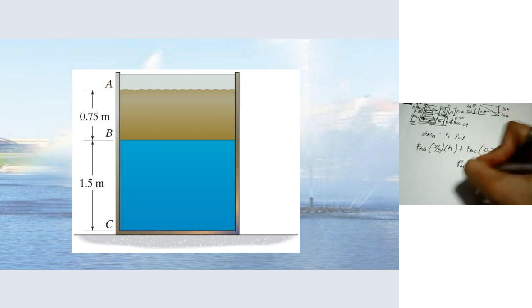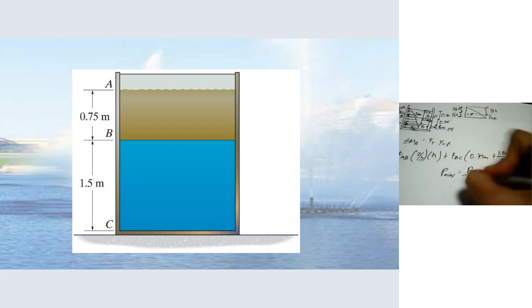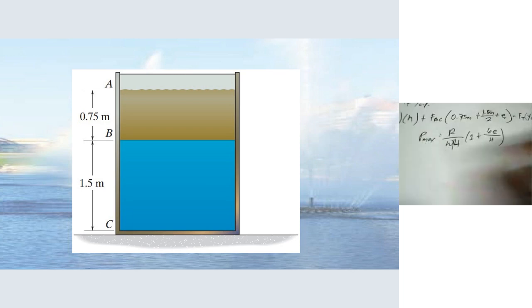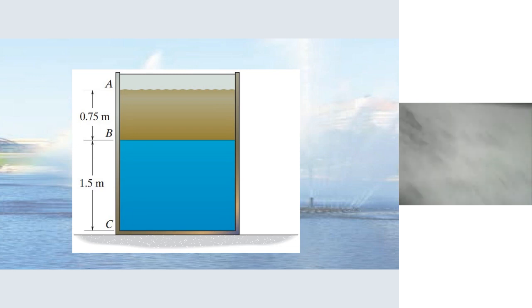We have P max equals R over the width times the length, or width times the height, in this case, times 1 plus 6E over H. Okay? Now, what is P sub max? P sub max is the pressure that is the greatest.